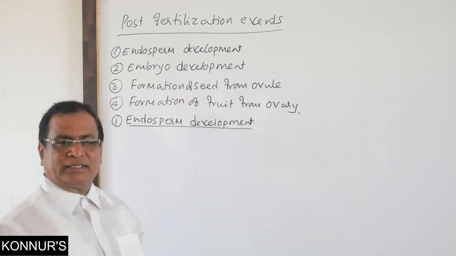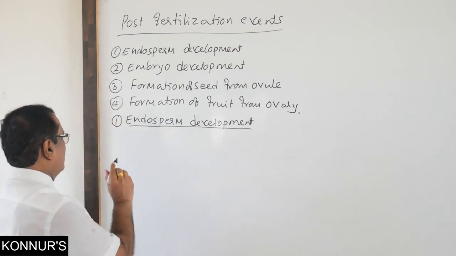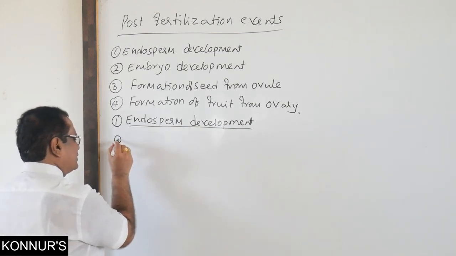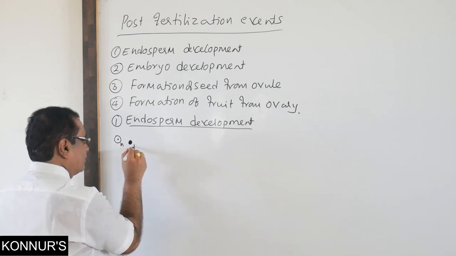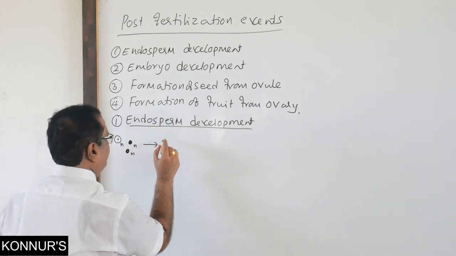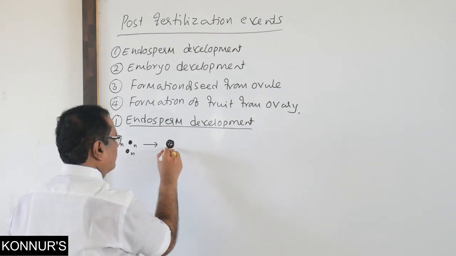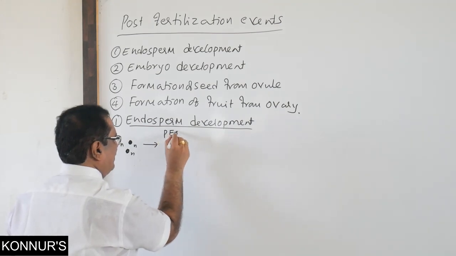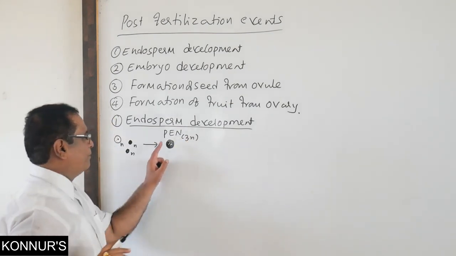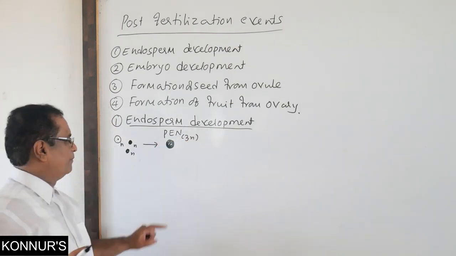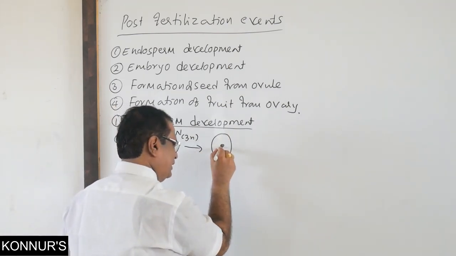It's time to discuss about endosperm development. Already we know that when one male gamete and two polar nuclei fuse to form PEN, it must be triploid, primary endosperm nucleus, and this is there in the cell.